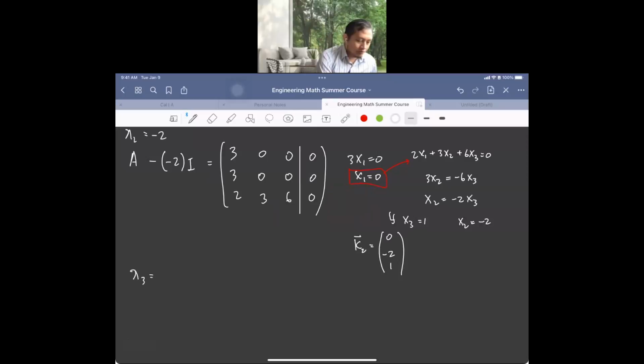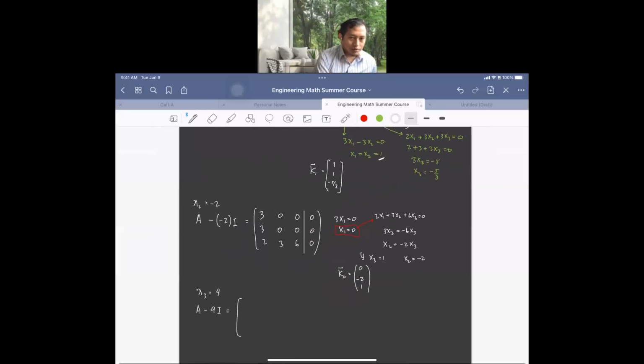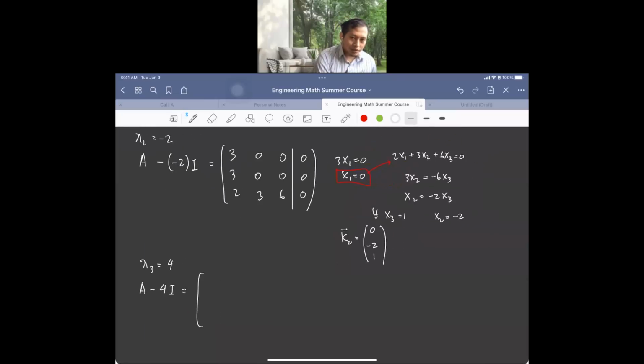Now the last one, the eigenvalue equal 4. So A minus 4 times the identity: 1 minus 4 is minus 3, 3, 2, 0, 0, 0, negative 2, negative 4, negative 6, 3, 0.